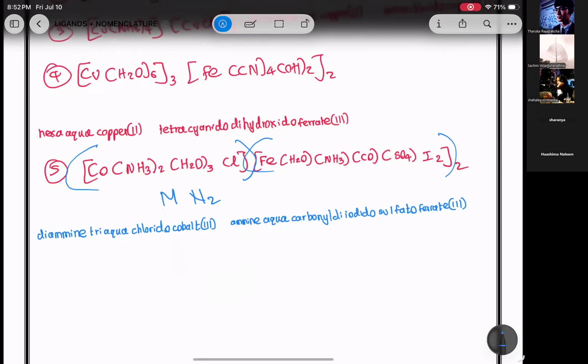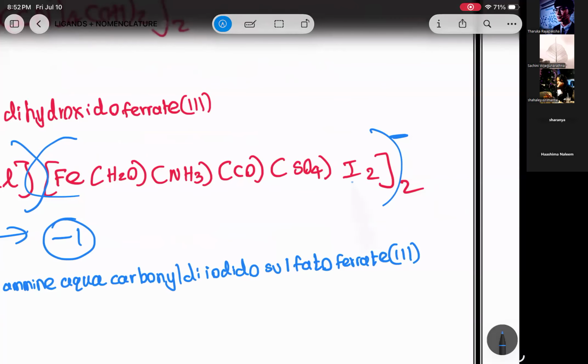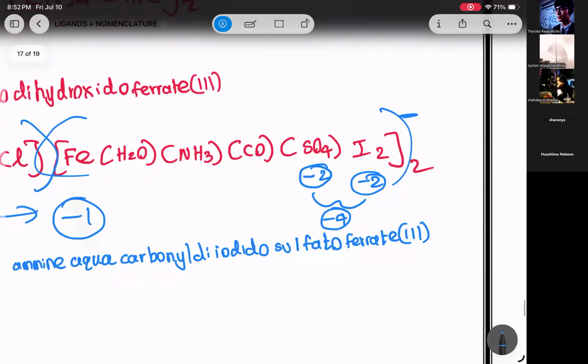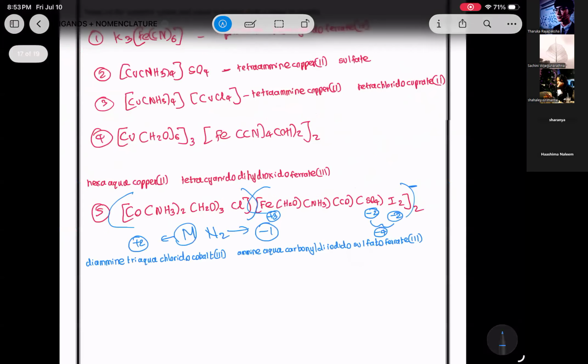This one should have +2 and this one should have -1. So iodine is -2 altogether. This one is -2 altogether. So altogether these two will form -4 and Fe should be definitely +3 in order to neutralize the -4 and then form -1 on top. Do you understand that? They cancel. Okay, right?